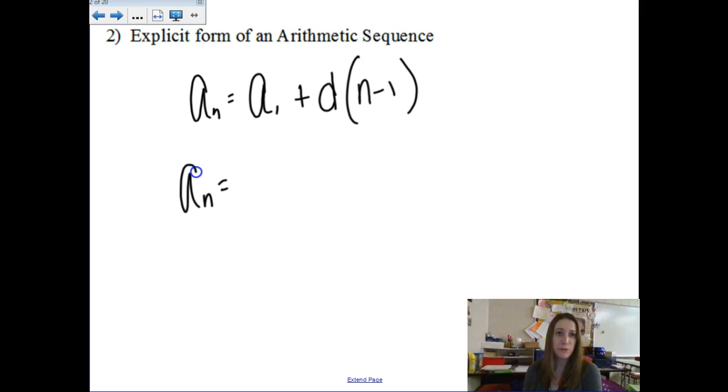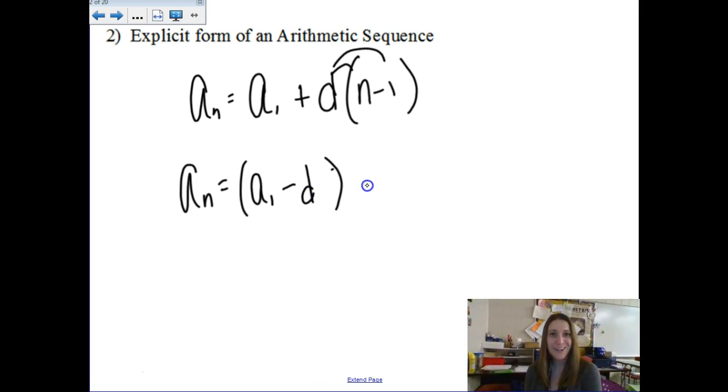So I'm going to give you another formula that's called the explicit form from the computer. When you look at a worksheet that's computer generated, they always have it in this other form. Basically they simplify it. They distribute the d, so this would be dn minus d, and then they collect a couple terms together. So this first number here is going to be a sub 1 minus the common difference.